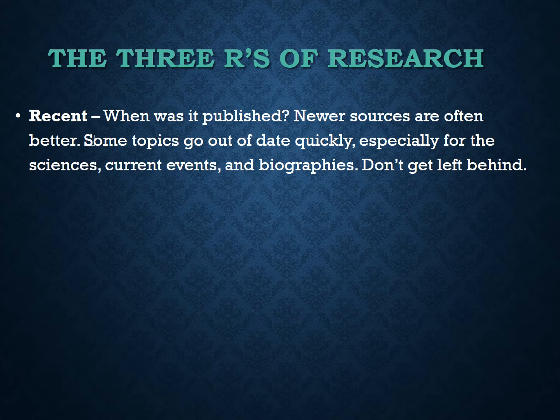The first R is recent, which is when was it published. Newer sources are almost always better, and some topics especially go out of date very quickly. Things like the sciences or current events or biographies, especially of living people. You don't want to get left behind, and you don't want to be out of date with your information.